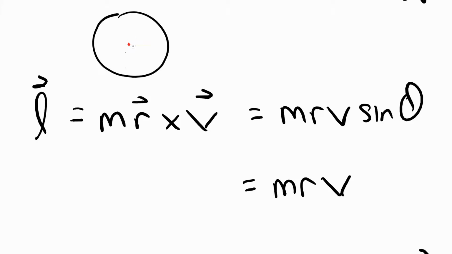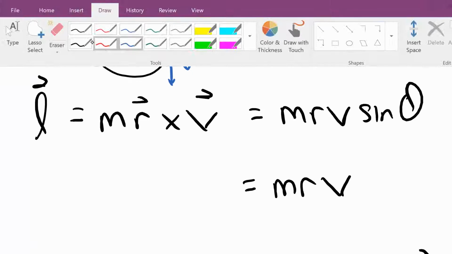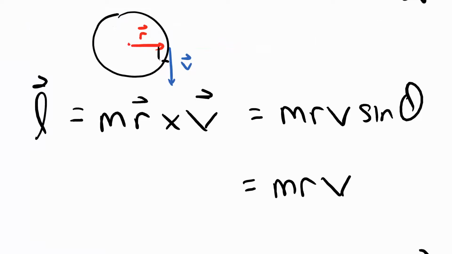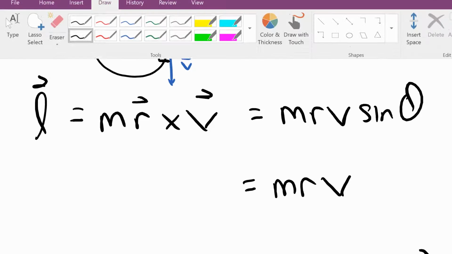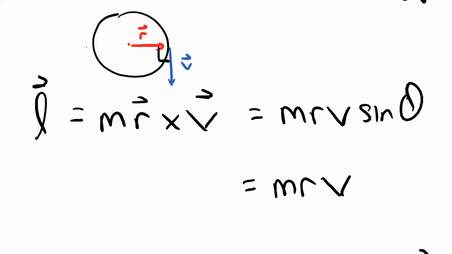Here is r, here is v. These are always perpendicular in a circle. Remember back to uniform circular motion. So sine of 90 is 1, so L is m r v.